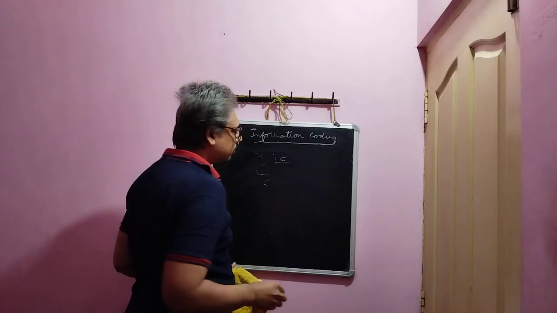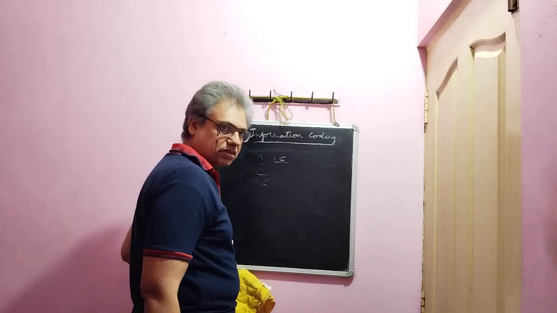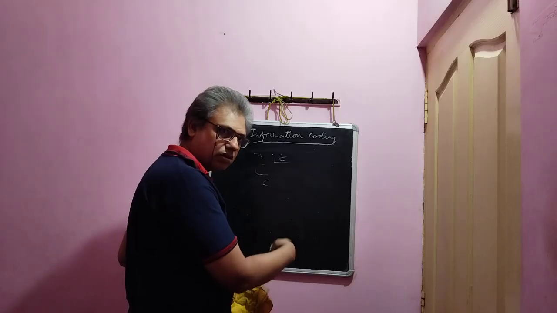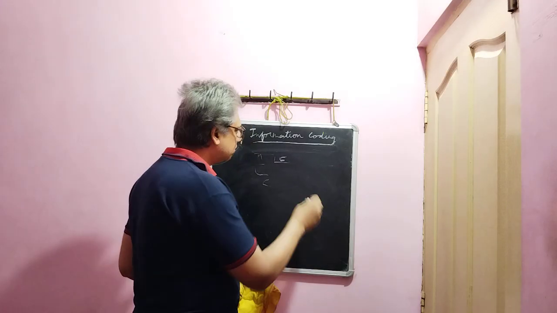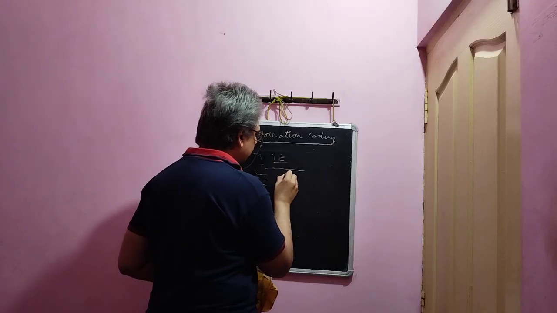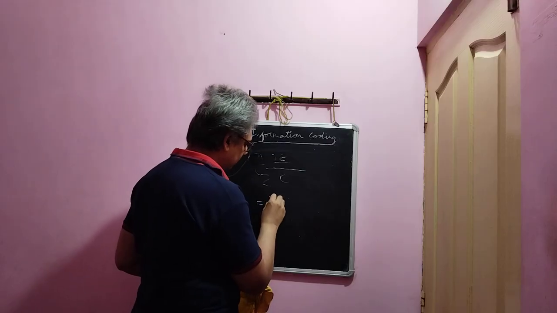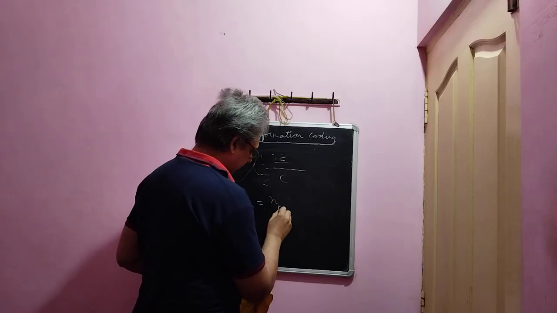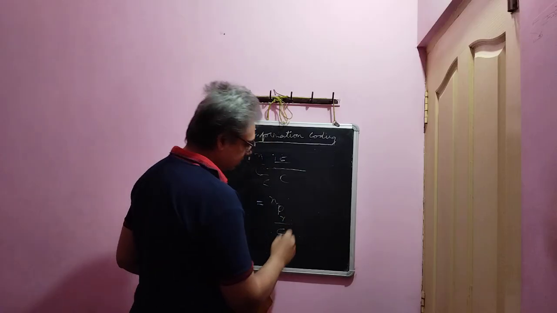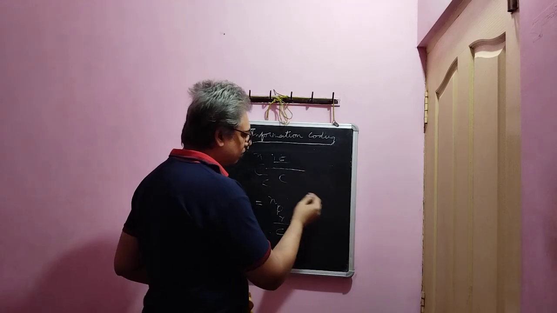But out of these factorial c ways, there are c rotations of a cycle of length c which are all identical cycles. So you have to divide by c. This will give you nPc by c.